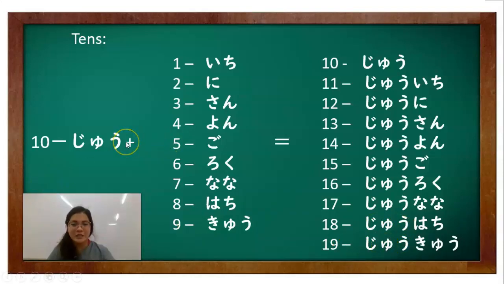Okay, so simply as that. Again, put the ju before the number to make 11 to 19.